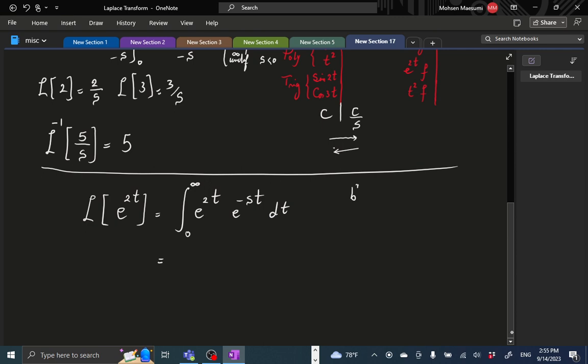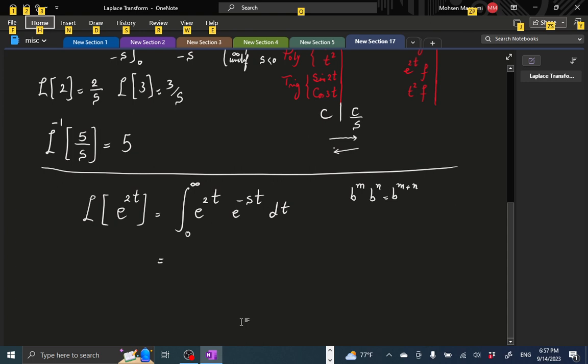ideas that we use quite often is this basic idea from pre-calculus. Exponential multiplication with same base. You add the exponent, and then you can, of course, break it up in the same fashion. So I can write exponential of 2t, exponential of minus st is exponential of 2t minus st, and then I can factor t.